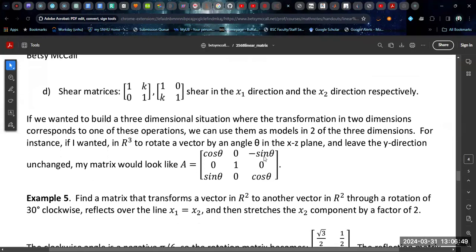Shear matrices are going to look like this, where they typically have ones on the diagonal and then the shear factor either in the top right or the bottom left, depending on whether they're shearing in the x1 direction or the x2 direction. If it's up here, it's shearing in the x1 direction. If it's down here, it's shearing in the x2 direction.